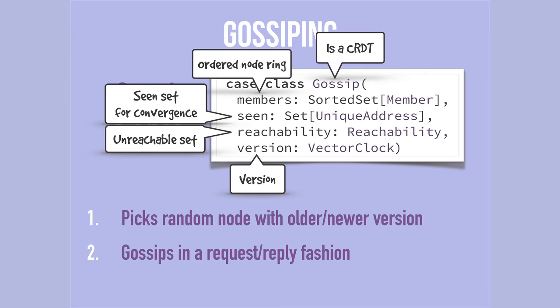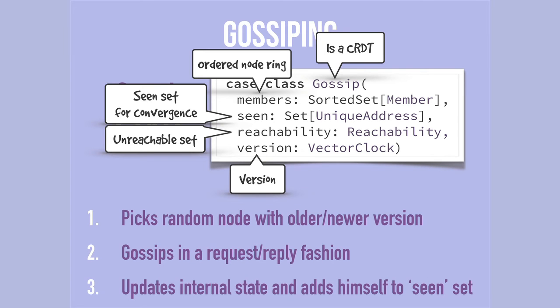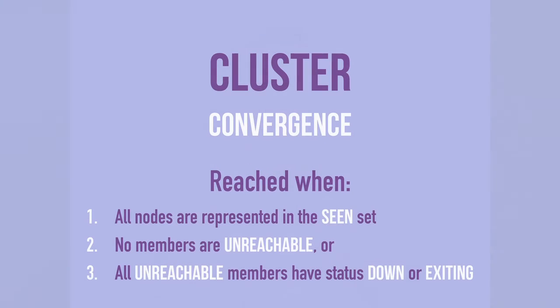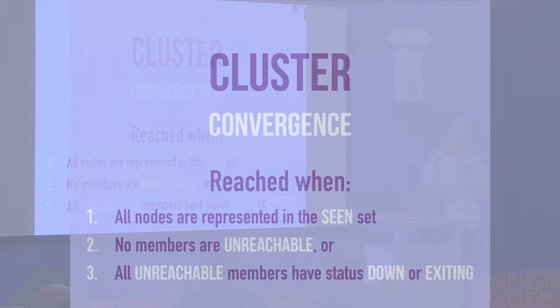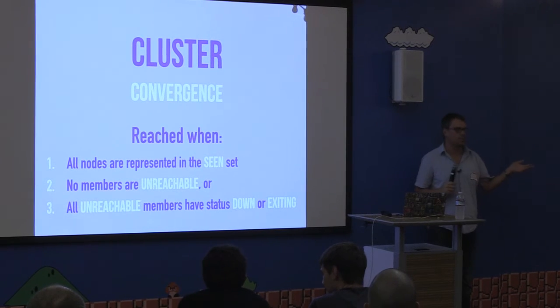A very important concept in Akka cluster internally is cluster convergence. What that means is that when we start gossiping around, when a node has seen the state and seen that it has the same vector clock, then it puts itself in the seen set, to mark that I have actually seen this value.